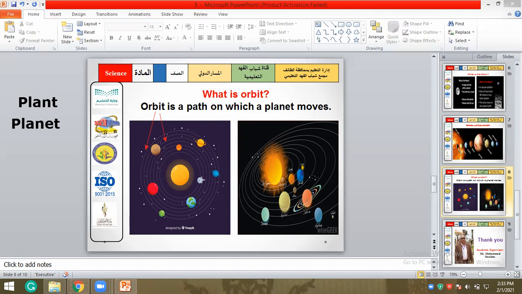These are the orbits for the planets. Planets revolve around the sun on one way, which is the orbit. If they mix their orbits, it will be a disaster. So there is a path which is called orbit, and they orbit around the sun in their own times.